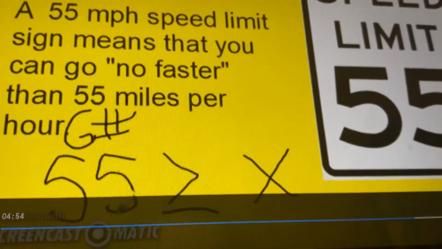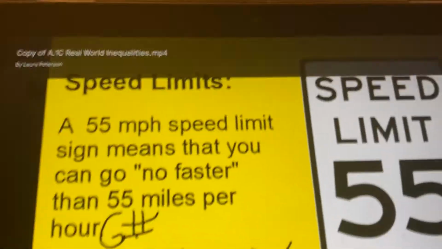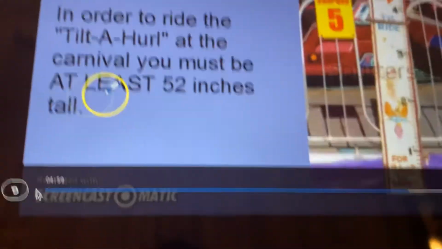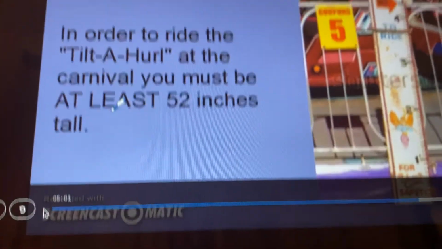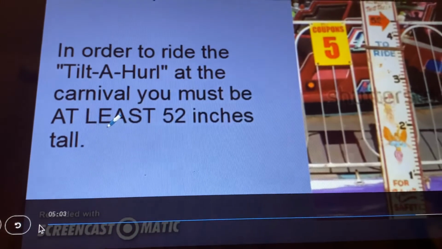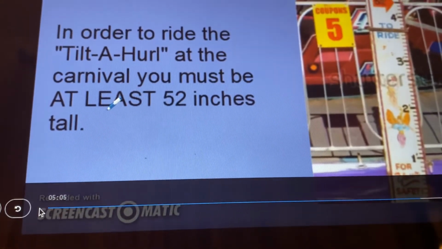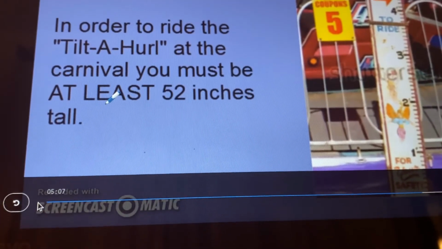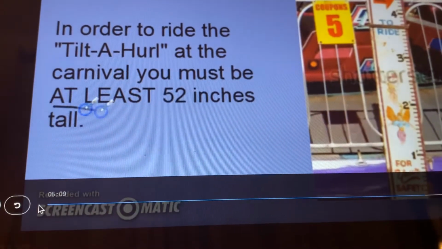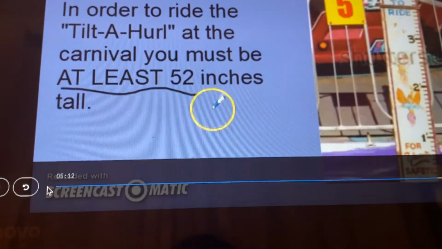And then our last one, talking about height requirements when you get to go to the fair or an amusement park. So this one says that in order to ride a tilt-a-whirl at the carnival, you must be at least 52 inches. At least 52.